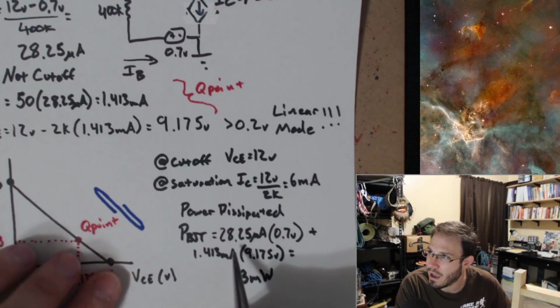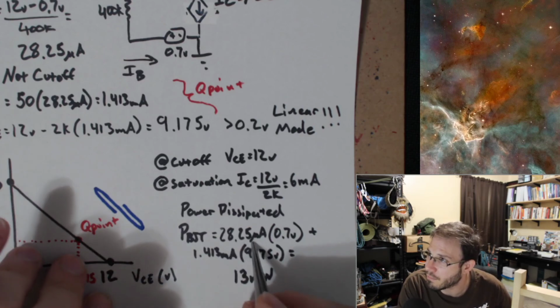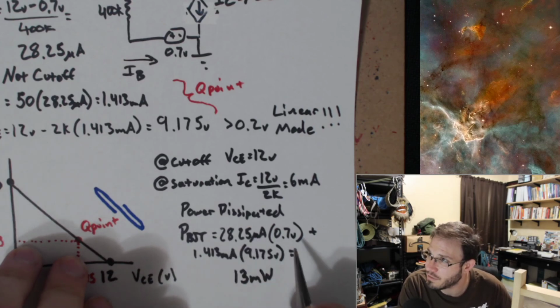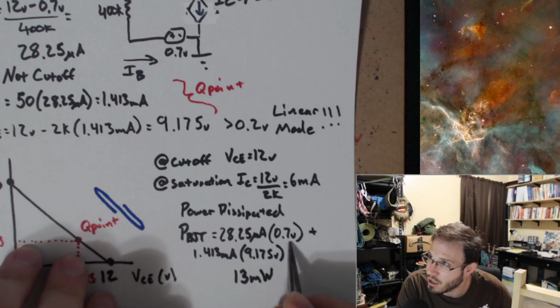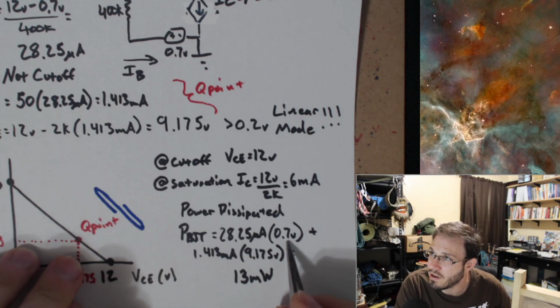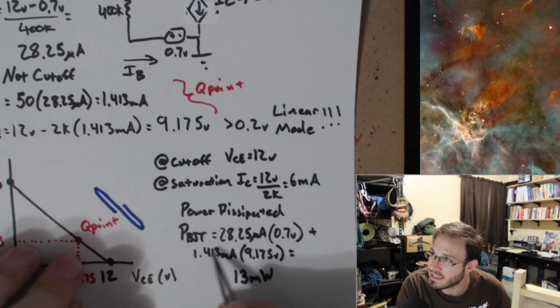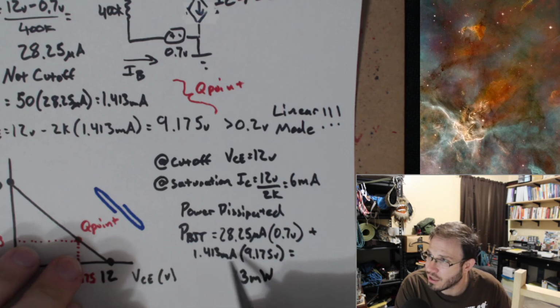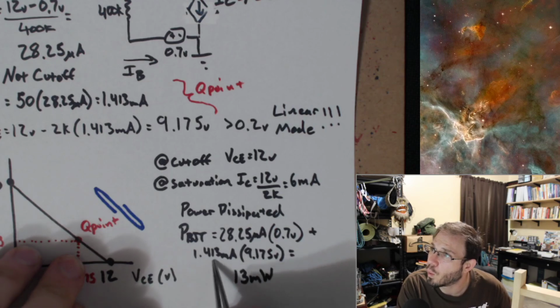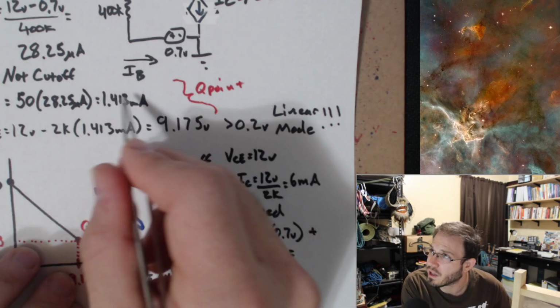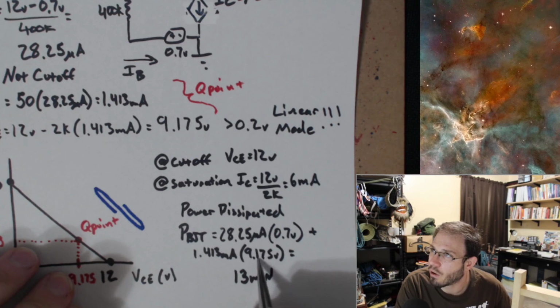So to calculate that, we just do 28.25 microamps, our base current, times the voltage drop between the base and emitter, which is 0.7 volts, and we add to that the power being dissipated by the collector emitter junction side, and we get 1.413 milliamps of collector current times our voltage drop of the collector and emitter, which was 9.175.